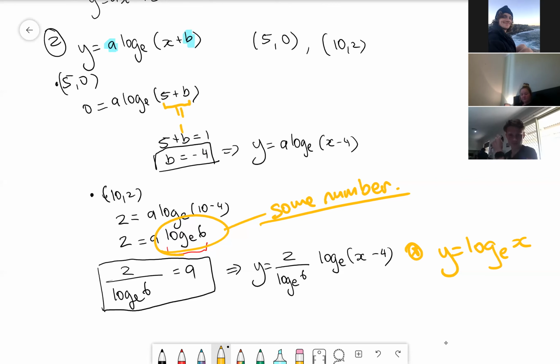Would the graph be moving left or right? Right, yep, perfect. And what's happening with the y values as well? They're being dilated. Perfect. And by what factor? 2 over log base e 6. Perfect. So shifted and then also dilated by this fella here.